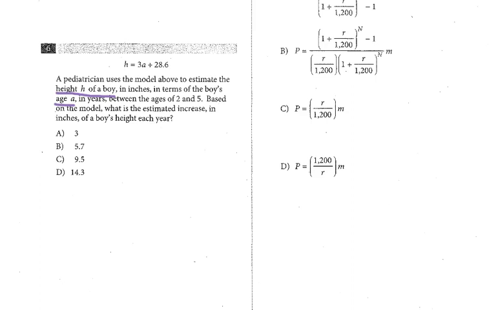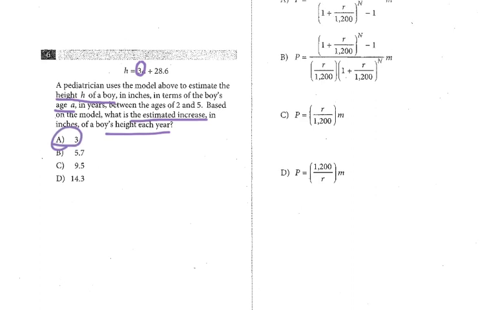Based on the model, what's the estimated increase in inches of a boy's height each year? Each year, that means basically it's a slope. So which one is the slope? It will be 3. That's the answer. So for number 6, the keyword is each year. That means you are looking for the slope.